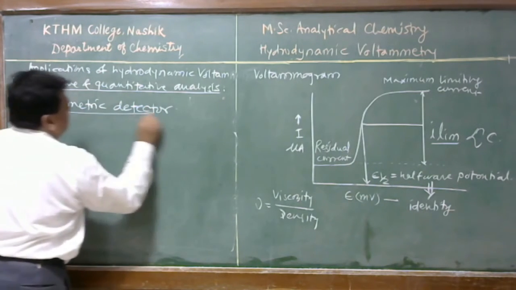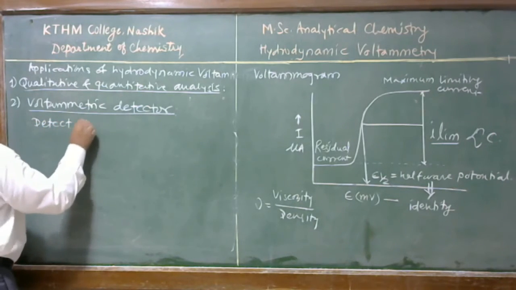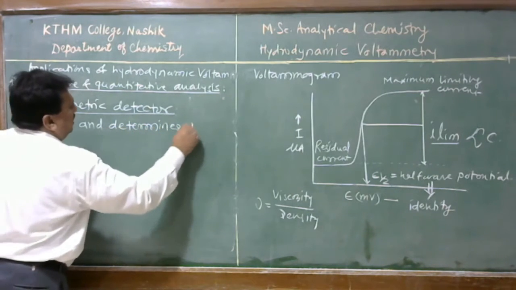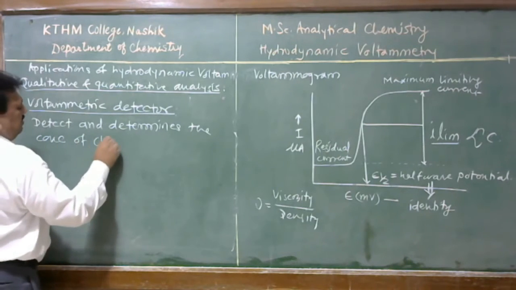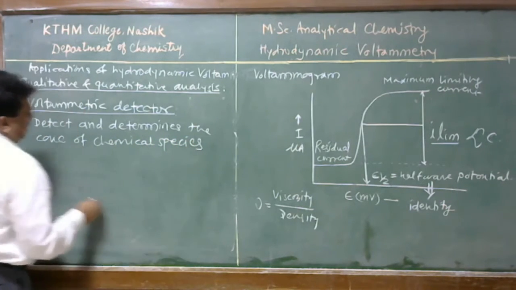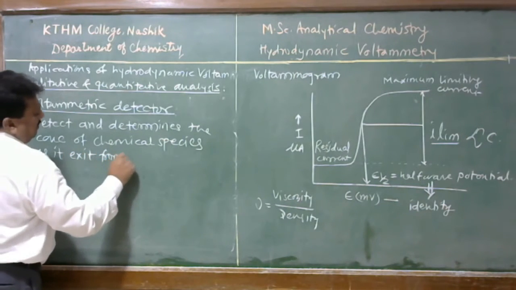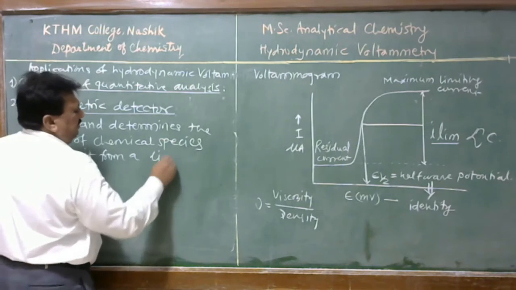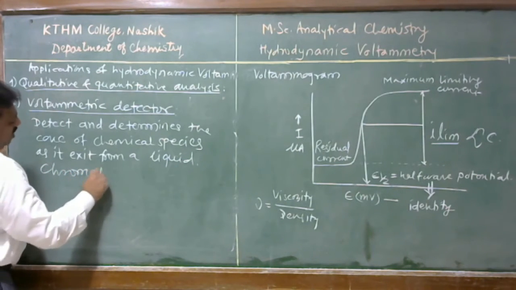Voltammetric detector means a detector that detects and determines the concentration of the chemical species as it exits from a liquid chromatographic column.